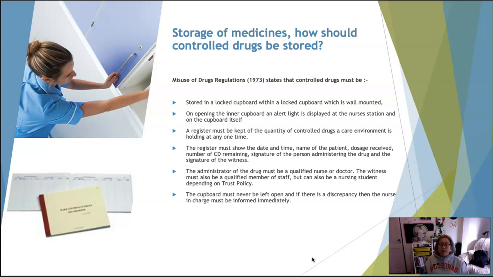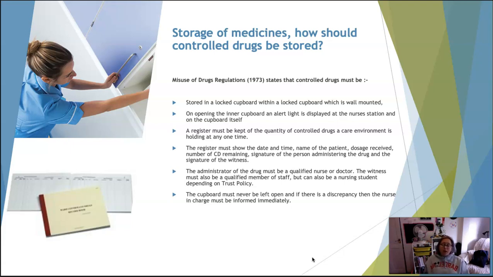A register must be kept of the quantity of the controlled drugs, so that we're aware of any drugs being held that are controlled by the misuse of drugs regulation at any one time. This register must be kept up to date, and it should show the date, the time, the name of the patient, the dosage received, the number of controlled drugs remaining, and the signature of the person administering the drug, and a second signer, the witness.